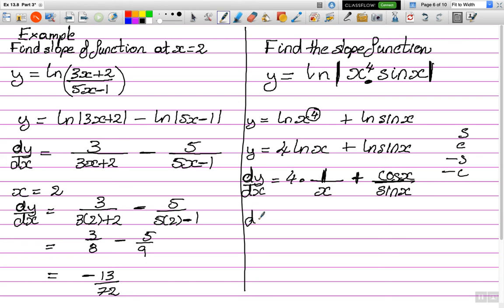And then a quick tidy up, dy dx is equal to 4 times 1, which is 4 over x, plus cos x over sine x. And you might remember that cos x over sine x is called cot x. It's in the formula books under trigonometry.